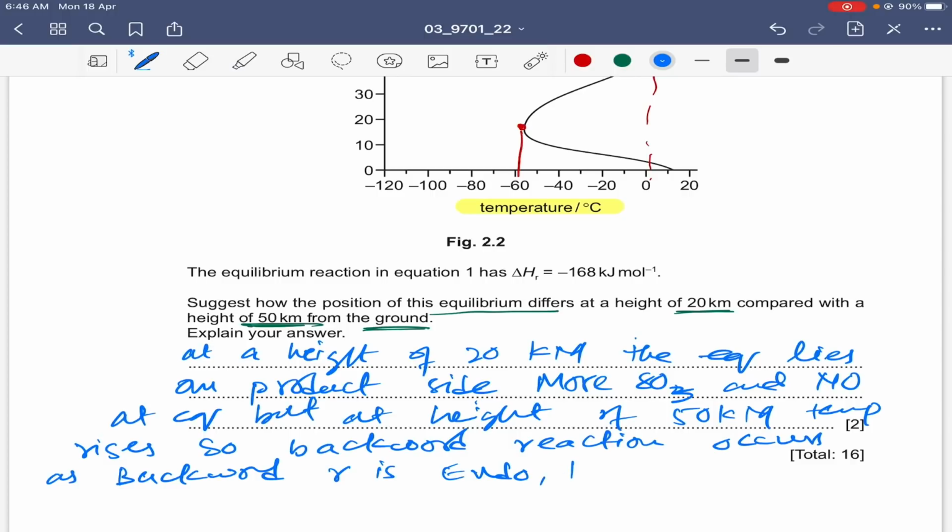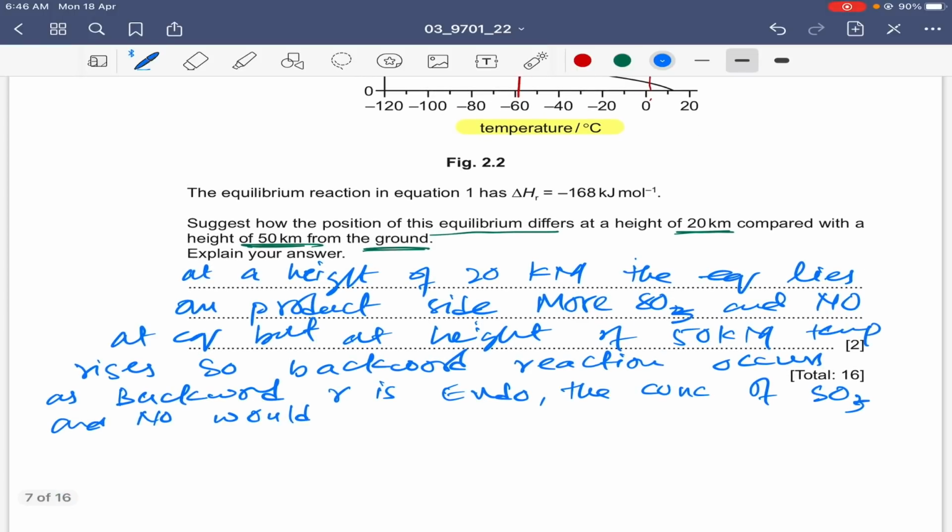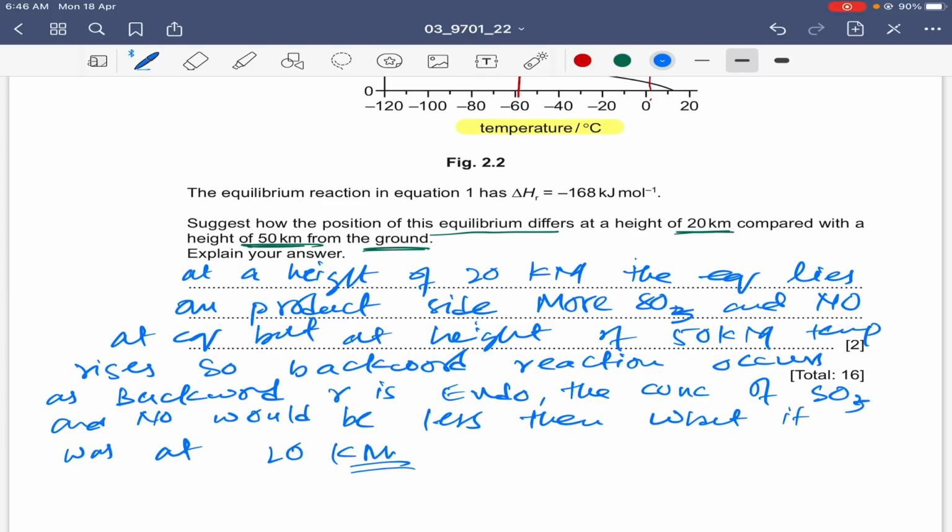Temperature rises, therefore the concentration of SO3 and NO would be less than what it was at a height of 20 kilometers. Whatever the concentration of SO3 and NO was at 20 kilometers at equilibrium, when the height is 50 kilometers the concentrations will decrease, and equilibrium will shift to the reactants side.